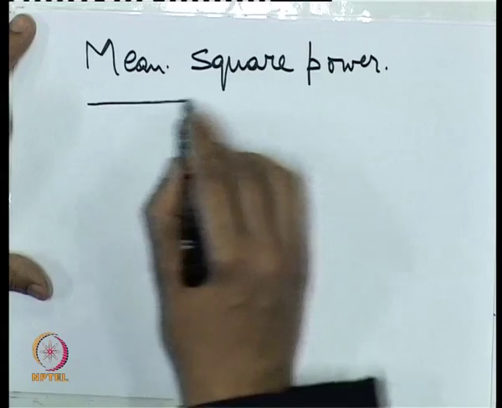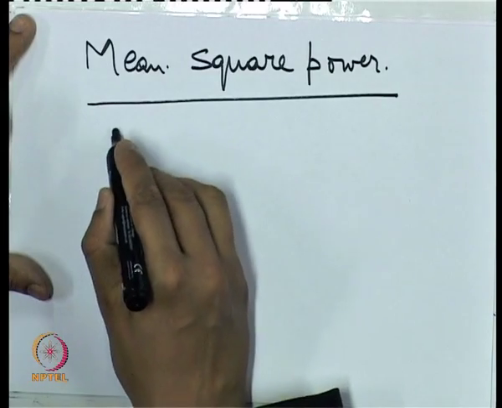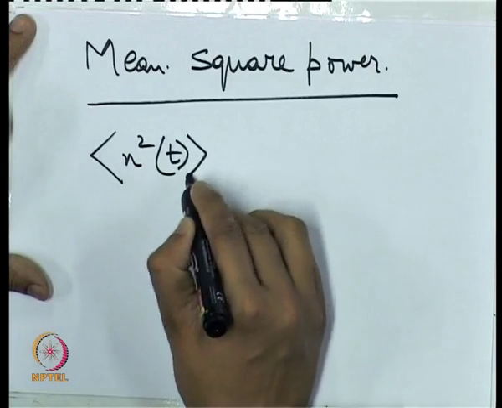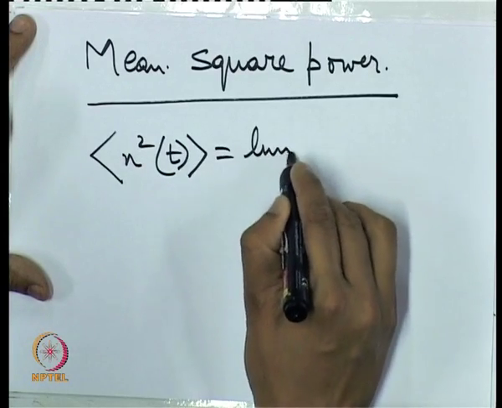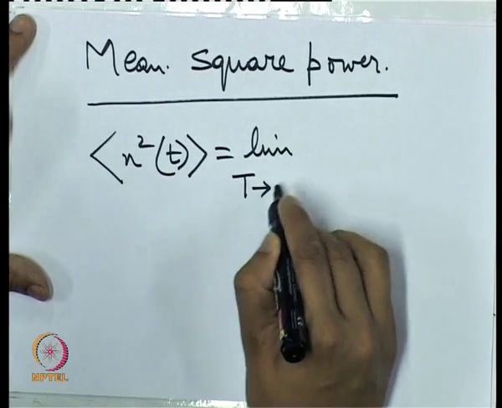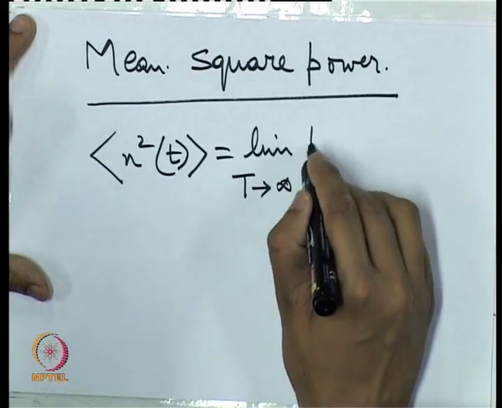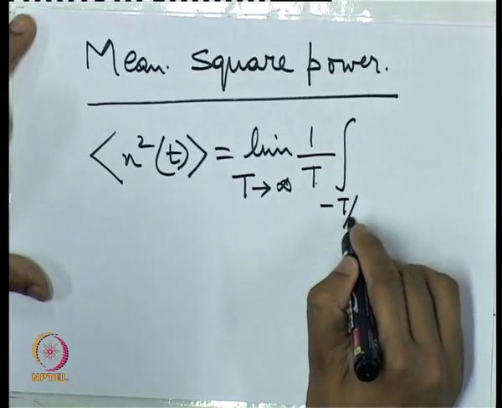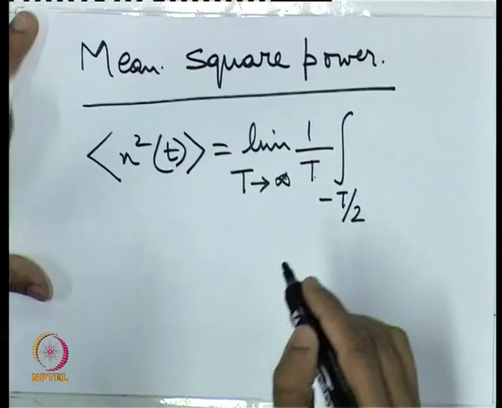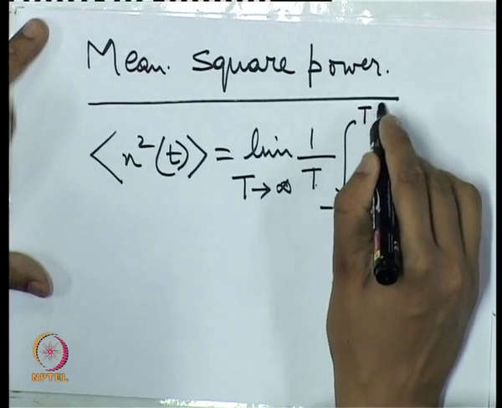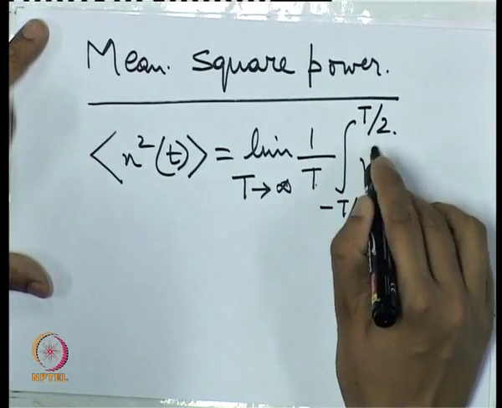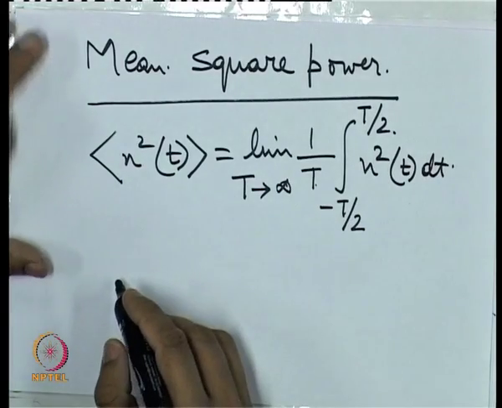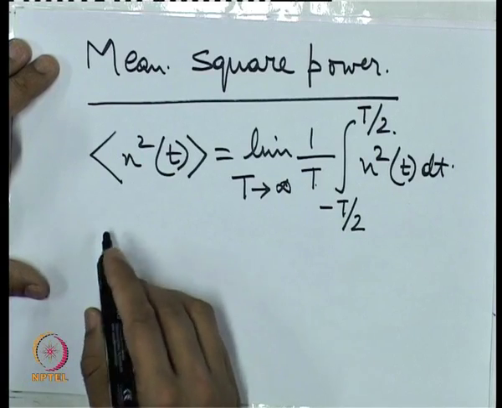Now the mean square power can be defined in terms of its variation with time, just like the time average that we defined, or in terms of the ensemble.